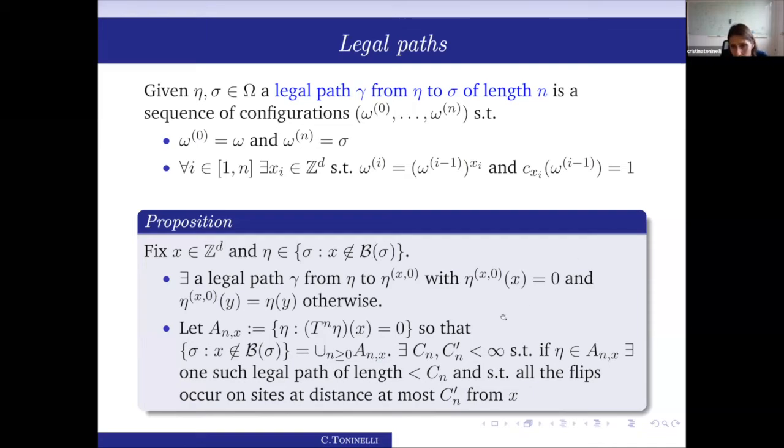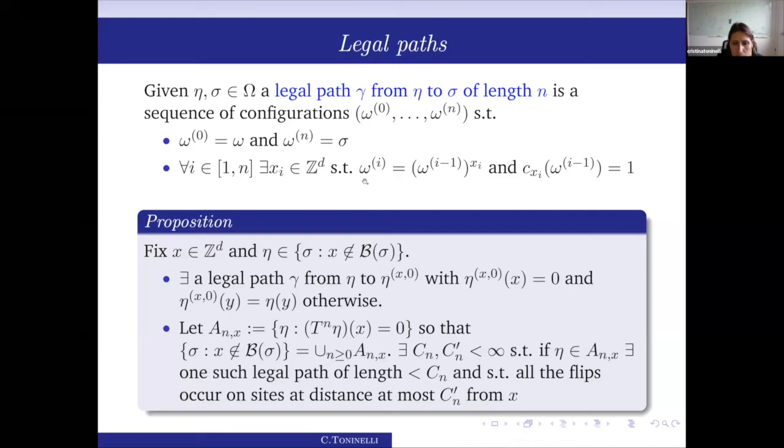And this also implies that there is a possible path which connects my configuration to a configuration which only differs on that site, because I have emptied it. Okay, if the site was already empty, I have to do nothing. If the site was not empty, I just perform the Bootstrap map until step n.